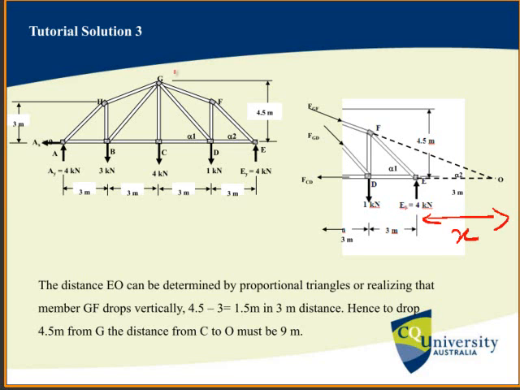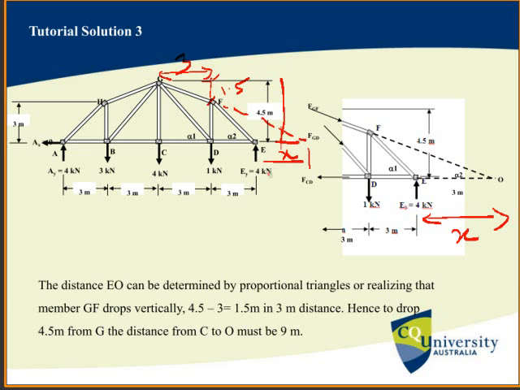If we consider this is 4.5 and this is 3, so up to this will be 1.5, and this distance is actually 3, and this is 4.5. If we extend this bar, we assume this value is x.